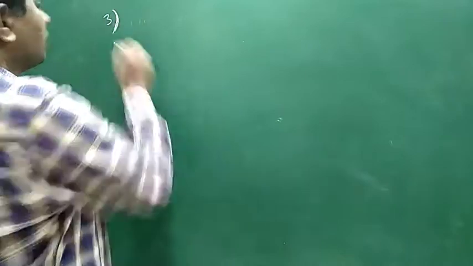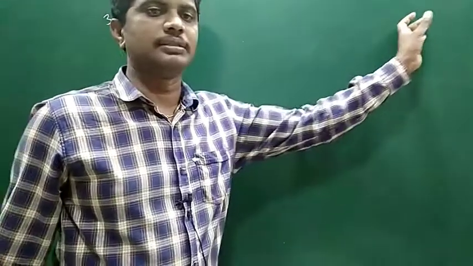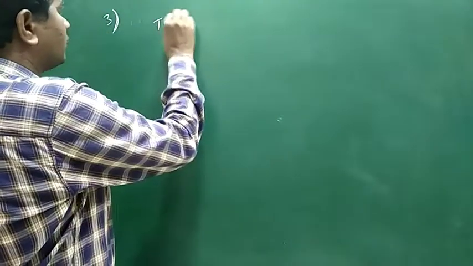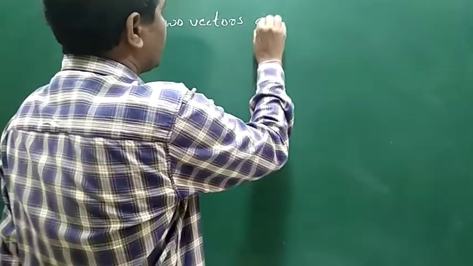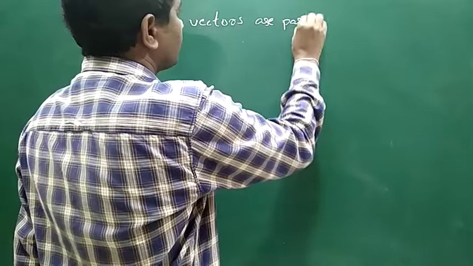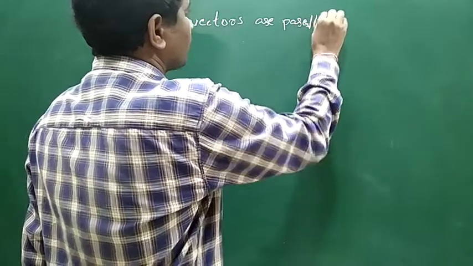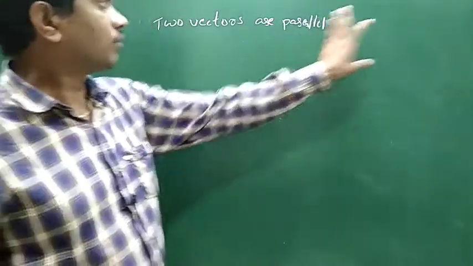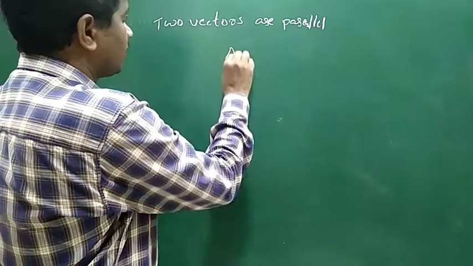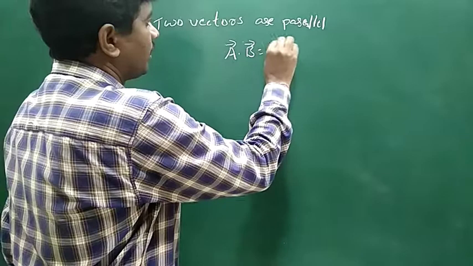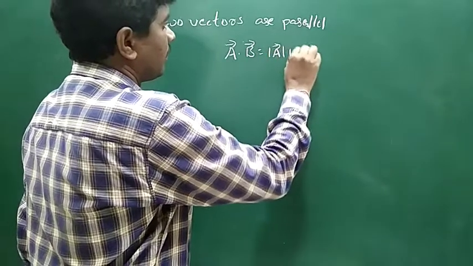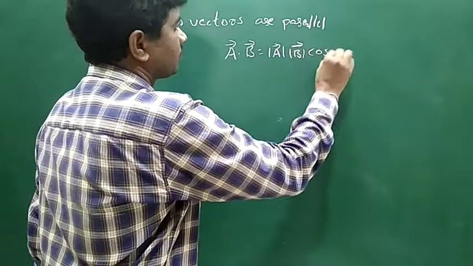The next property is when the two vectors are parallel. Therefore, the dot product of two vectors, A bar dot B bar, equals mod A bar mod B bar cos theta.